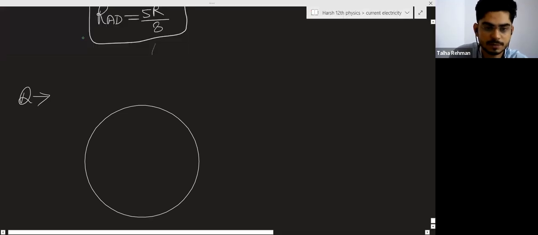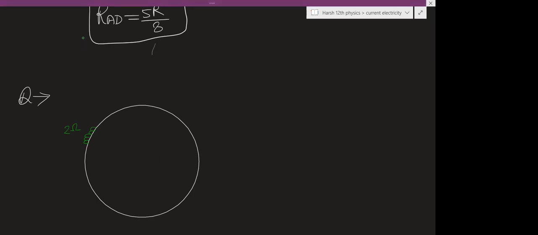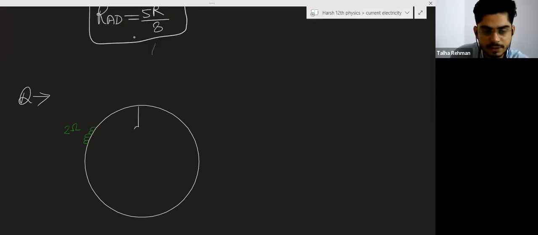Resistances are connected. Suppose here a resistance of 2 ohm is connected. And from this wire, another wire is connected, and resistances are connected like this.